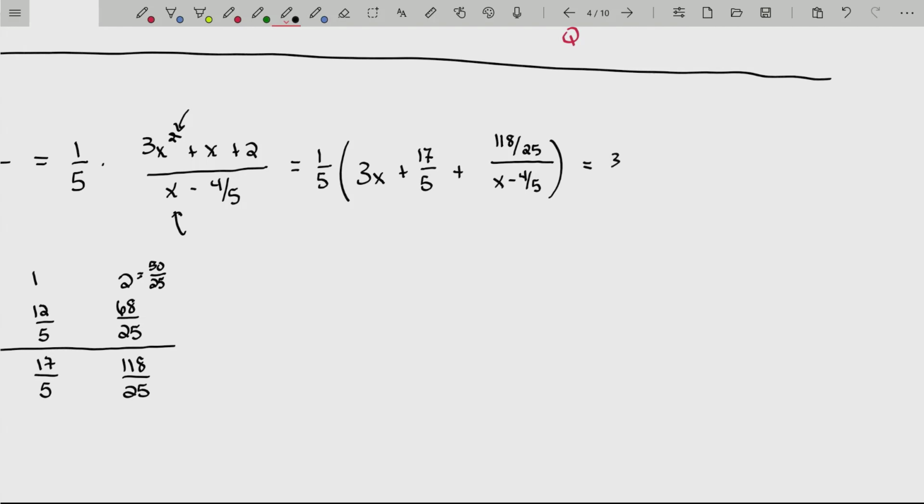So distributing 1/5 through, you get 3/5 x plus 17 25ths. That's our actual quotient. And then plus 118 over 25 being divided by 5x minus 4. And that is remainder over divisor.